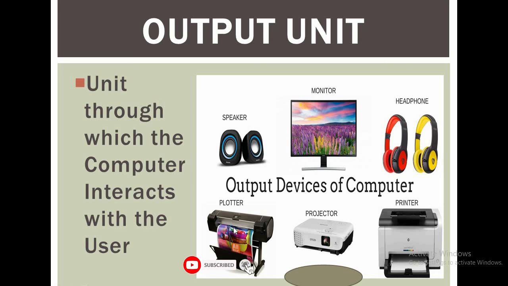We have the plotter. This one works like a printer. It uses something like a pen, like what artists do. It will be punching like that and give you an output in pictorial form. We have the projector, which is also an output device.